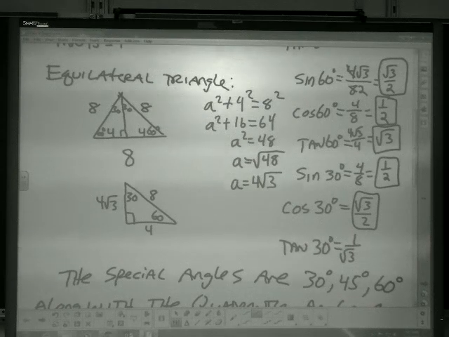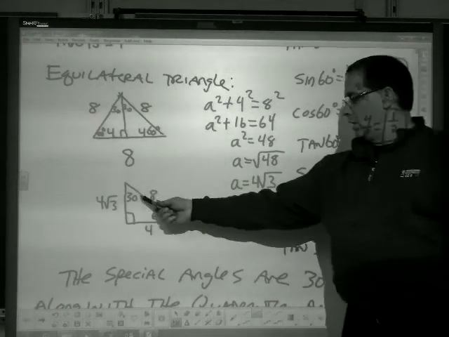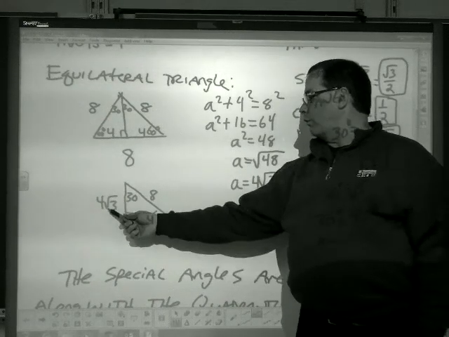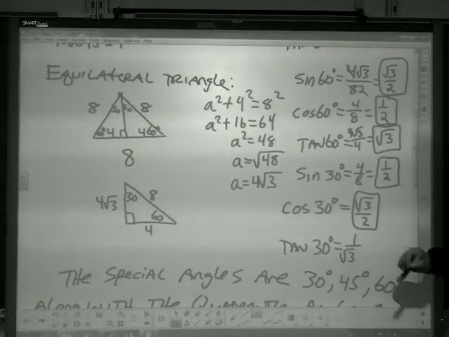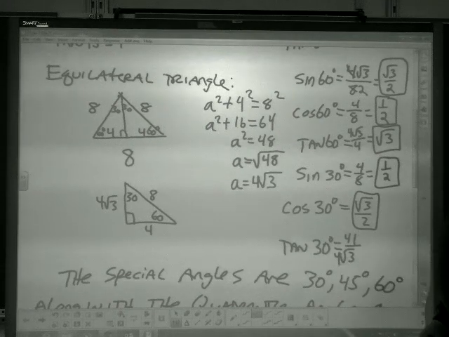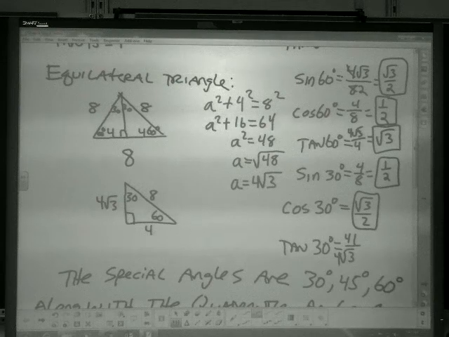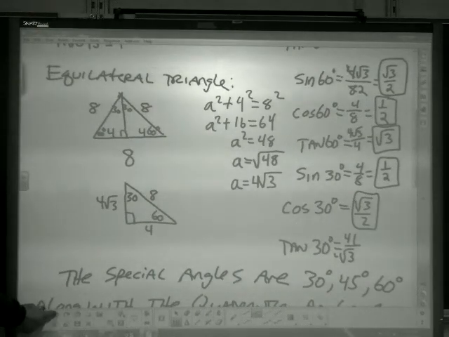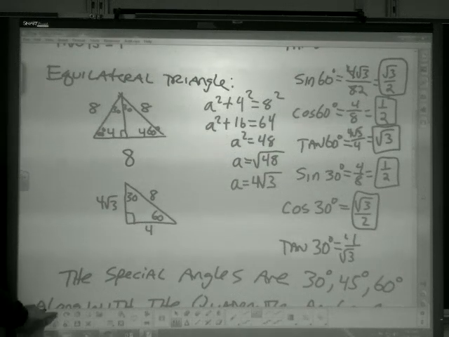And the tangent of 30, opposite over adjacent, 4 over 4 radical 3. The 4's reduce. Okay?